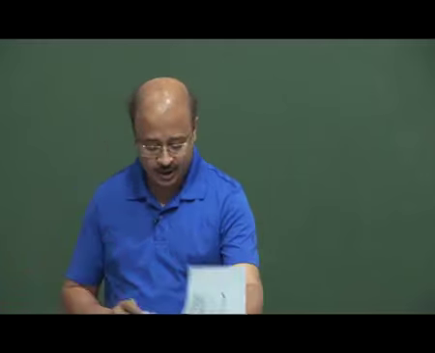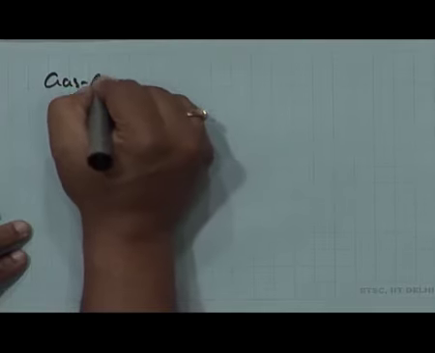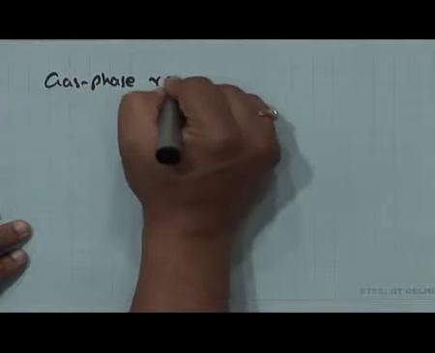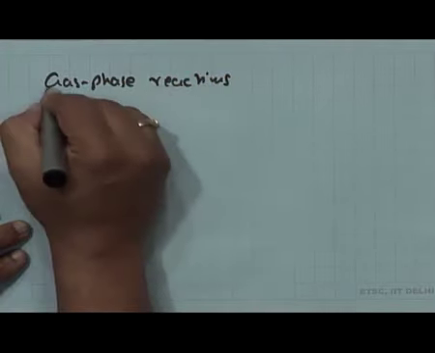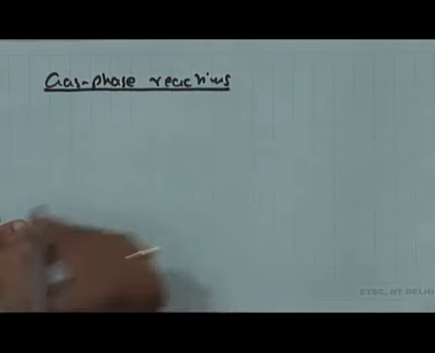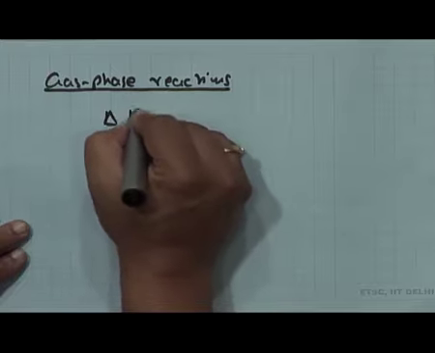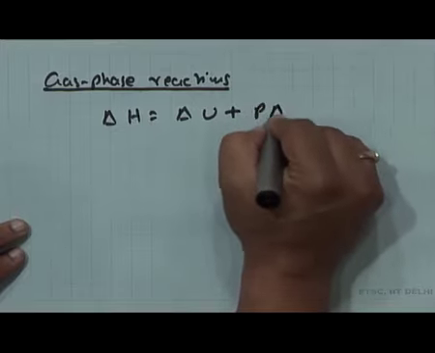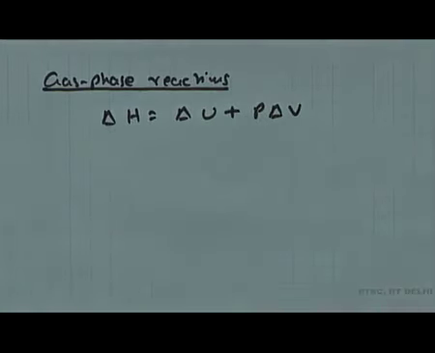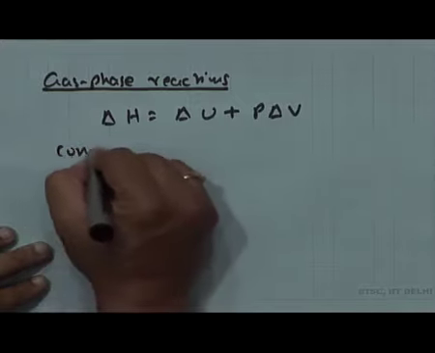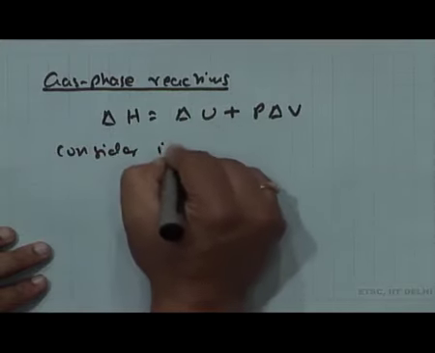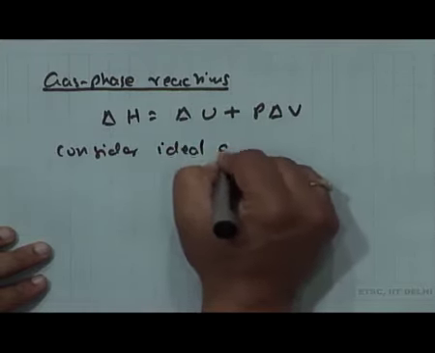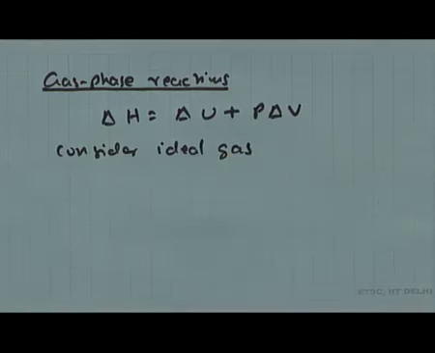So, let us talk about gas phase reactions, right. Again we start from delta H is equal to delta U plus P delta V. Now, remember we had said that pressure was a constant. Let us consider ideal gas behavior for the gas molecules.